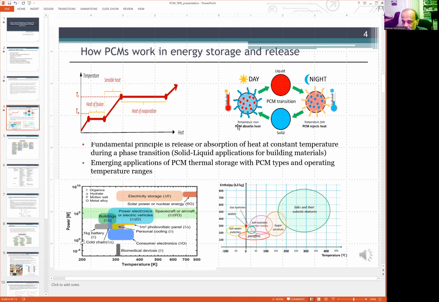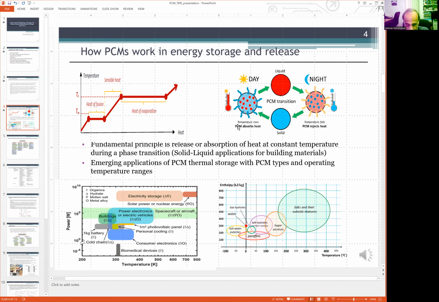And the diagram on the right shows how during the day the PCMs absorb heat and transition from solid to liquid. And in the night, when it's getting cooler, the PCM rejects heat and returns to a solid state.